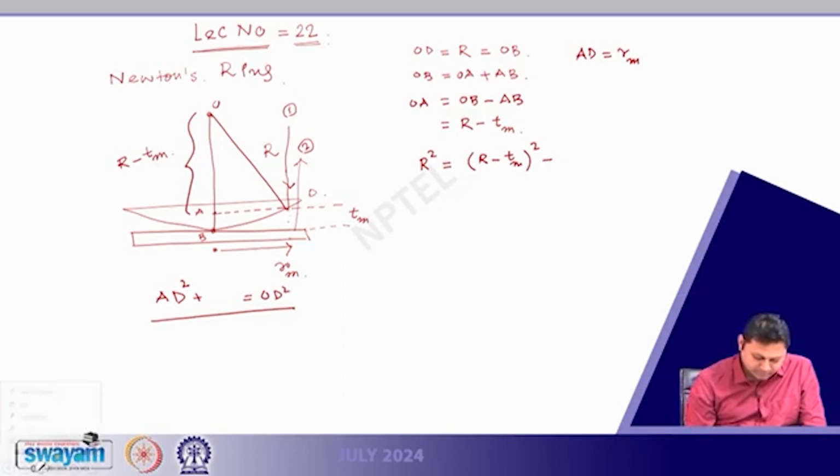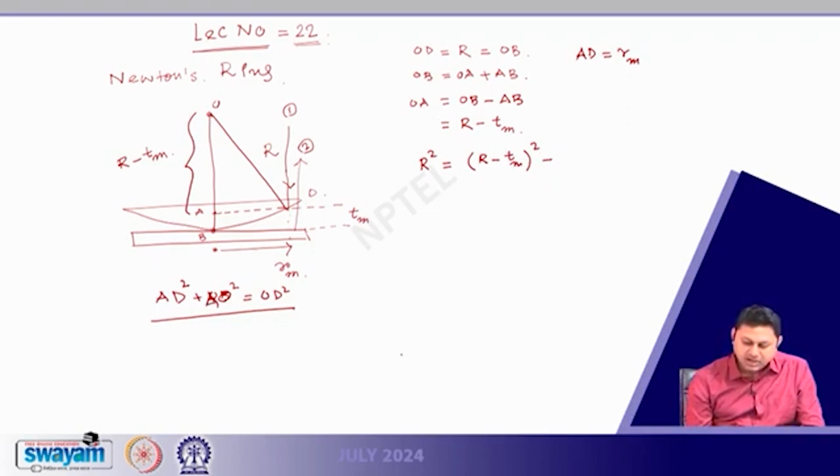Here we have AD square plus AO square, this is AO square, and I made a mistake. So R square is equal to R minus Tm whole square plus Rm square.